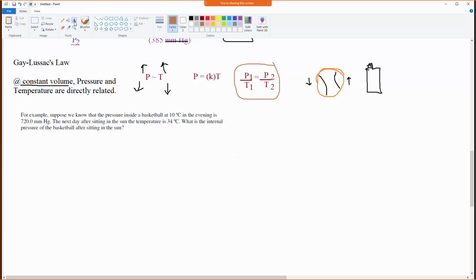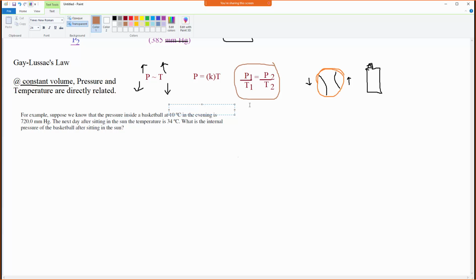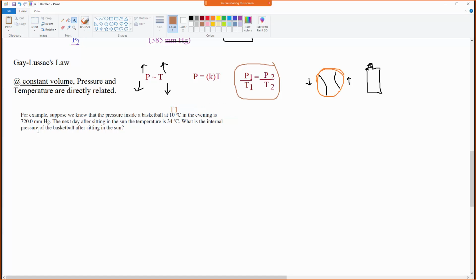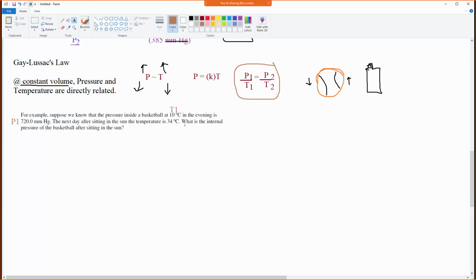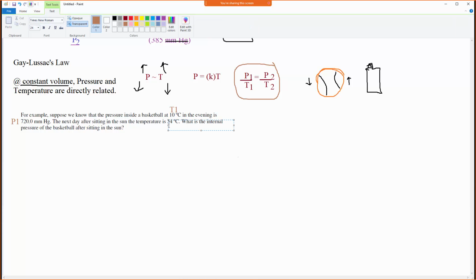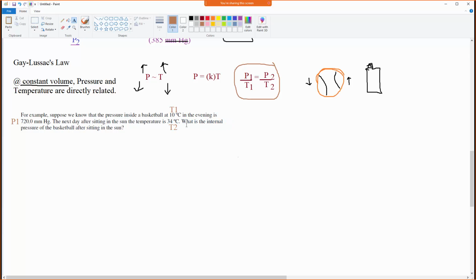So for this problem, hopefully you guys can see this is the initial temperature, that's T1. This is the initial pressure, that's P1. The next day after sitting in the sun, our temperature is this one, that one's T2. It's very easy to get them mixed up, so it's important to label them and make sure.